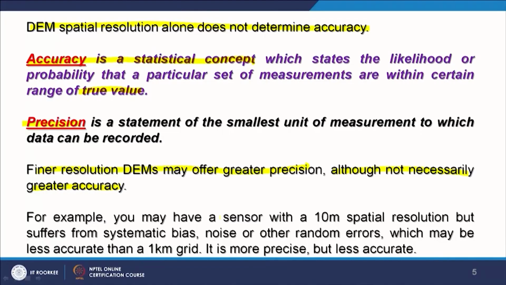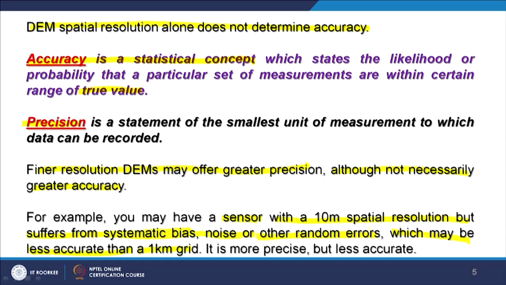Now, further, a satellite based sensor with a 10 meter spatial resolution may suffer from systematic bias, noise or other random errors, and may be less accurate than a 1 kilometer grid. Because you know that satellites are moving objects, and if a satellite was not moving in its designed orbit, it may have all these errors, systematic bias, noise or other random noise.